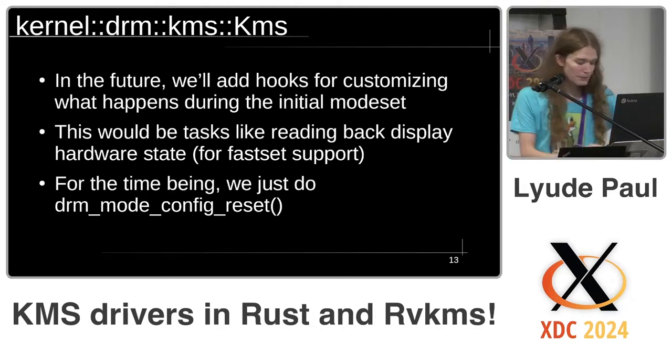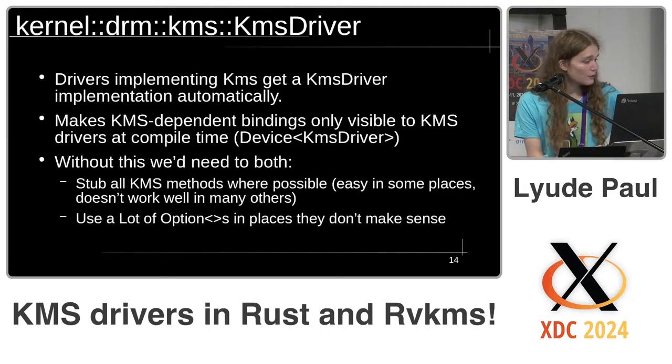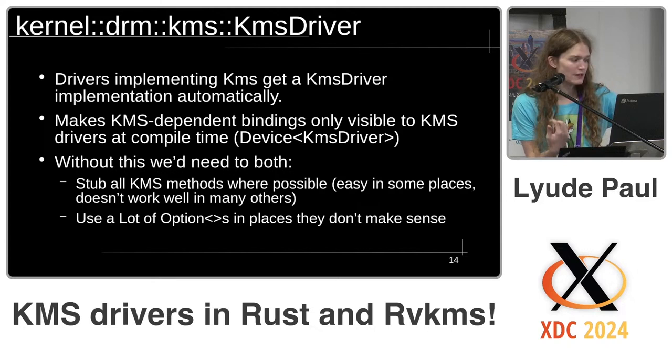to being blank. So one of the neat things is drivers implementing the KMS trait get a KMS driver trait implemented automatically. And this is nice because it actually lets us make it so that KMS-specific methods are only available to devices that actually implement KMS.